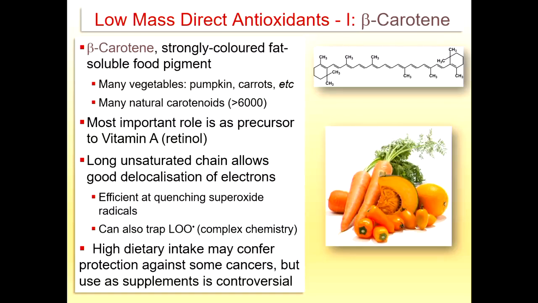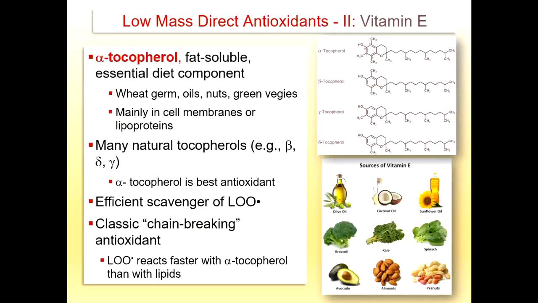So that's one of the reasons why it has antioxidant efficacy. Okay, but so people thought, well, maybe we should be taking beta-carotene as a supplement. Those clinical trials have not gone well. It actually increases your risk in some regards. So we'll look at some reasons for that in a minute.